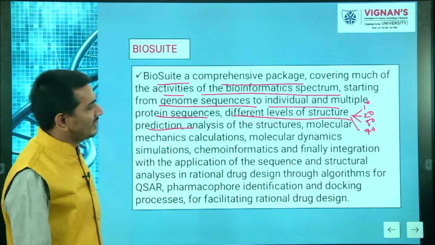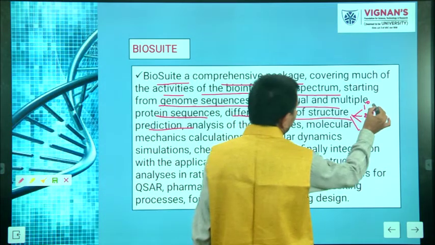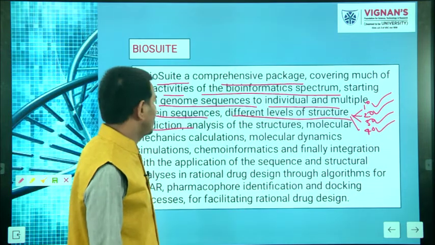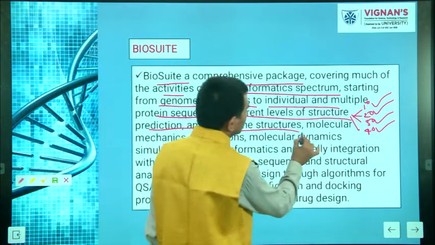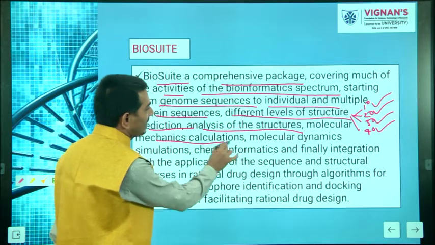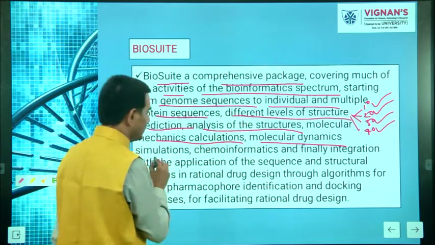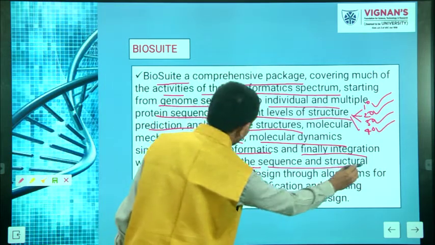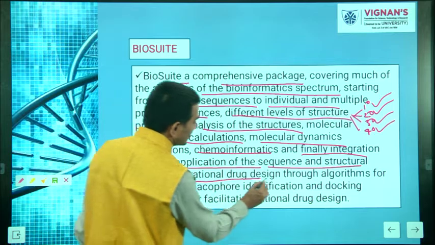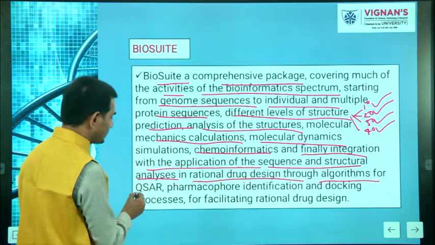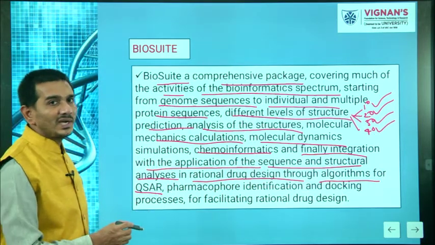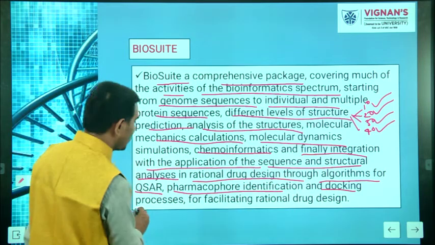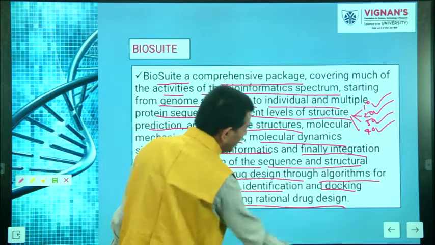So we do have tools in the field of bioinformatics which are mainly meant for predicting the primary, secondary, tertiary, and quaternary structure, later followed by the analysis of structures, molecular mechanics calculations, molecular dynamics, and cheminformatics, and finally integration with the application of sequence and structural analysis in rational drug design through the algorithms for QSAR, which stands for quantitative structure activity relationship, identification of pharmacophore, and the docking process for facilitating rational drug design.